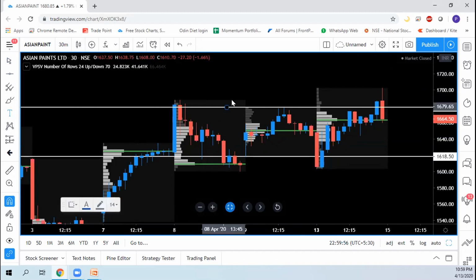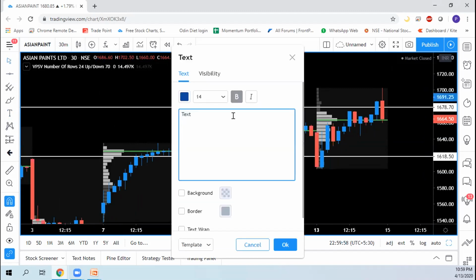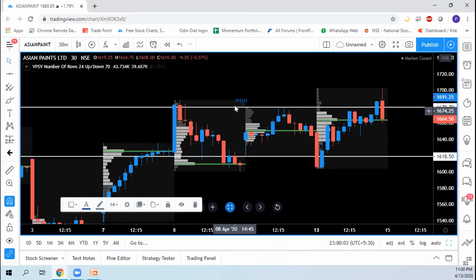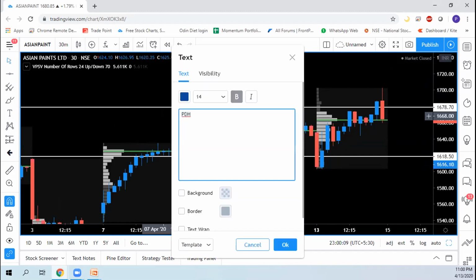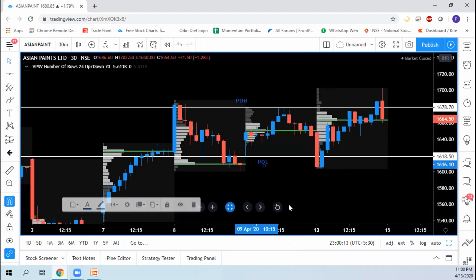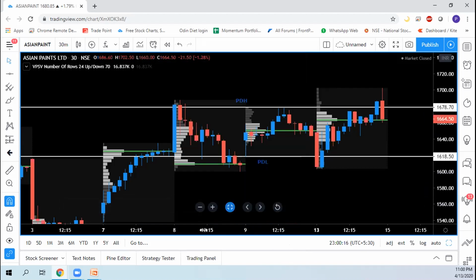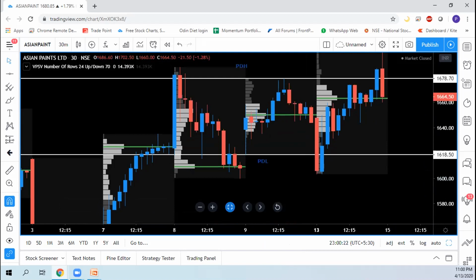I can add the text over here. On March 8th, your point of control is over here, where you had a very high volume node, the biggest volumes got traded.